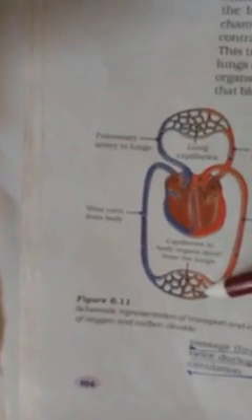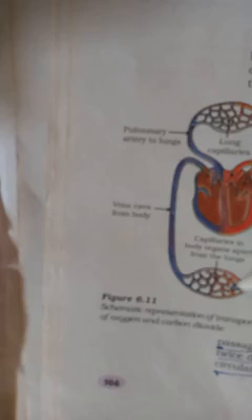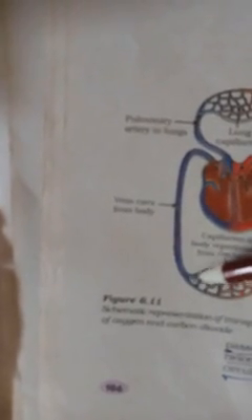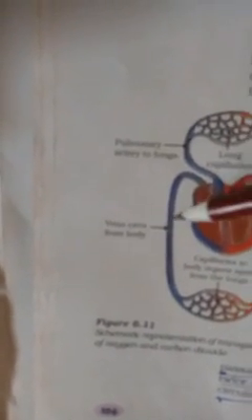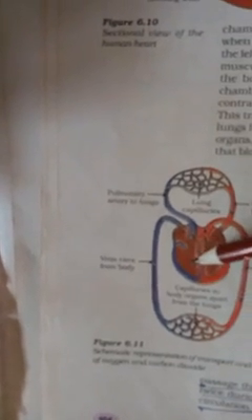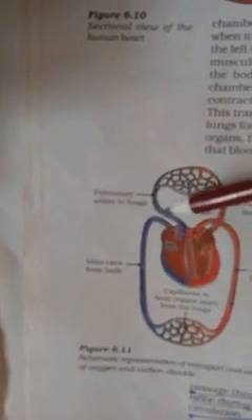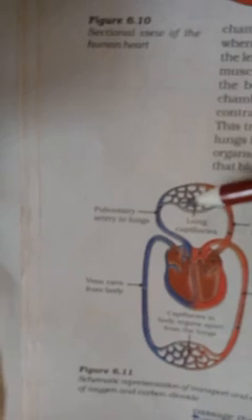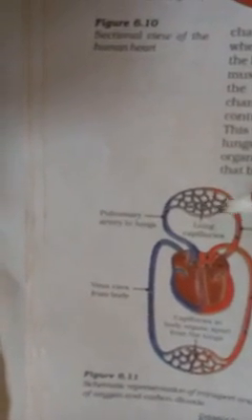Now after the respiratory process, carbon dioxide forms, and that carbon dioxide is taken by the capillaries, which bring it to the vena cava, and the vena cava carries this deoxygenated blood to the right atrium. The right atrium will pump the blood to the right ventricle. The right ventricle will pump the blood to the pulmonary artery, which supplies the deoxygenated blood, or carbon dioxide, to the lung, where carbon dioxide is released and exhaled out.